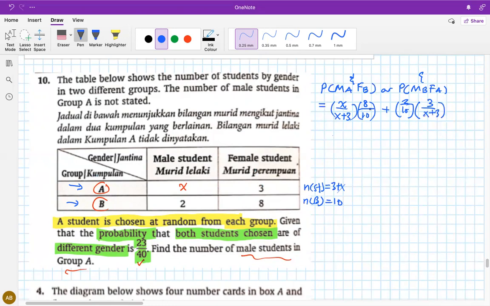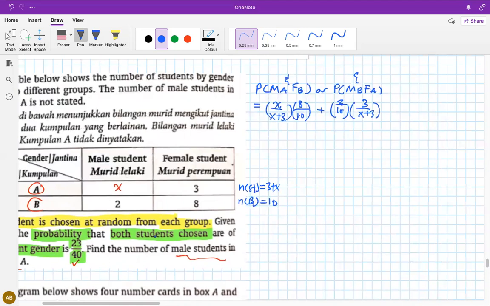Okay, so this one is given as 23/40. So never mind, we simplify this first. You get 8x plus 6 over 10 times x plus 3, right? So this is the probability that we have calculated from the table.